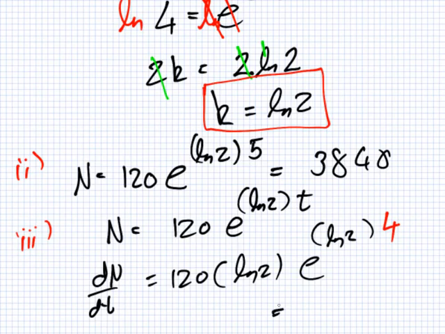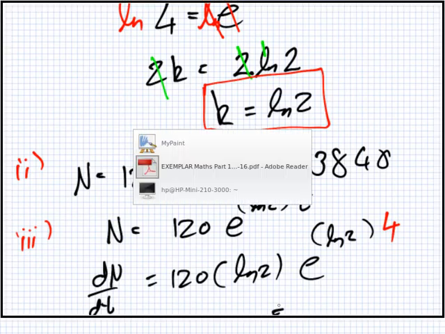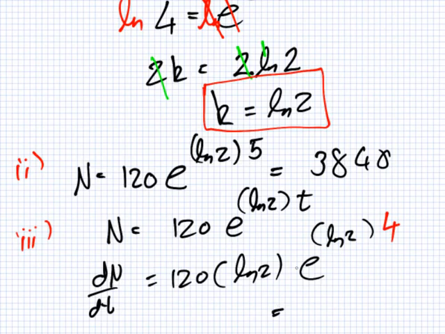So if I type this in, I get 1,330. If I do this to 3 significant figures, I get 1330, but if you wrote more than 3 significant figures, that is no problem.